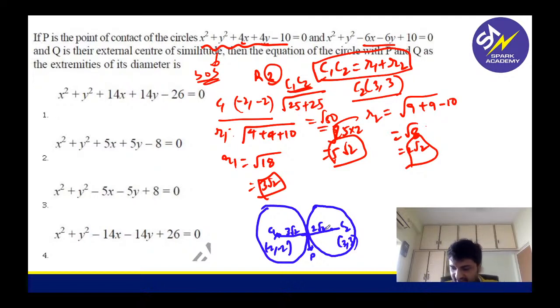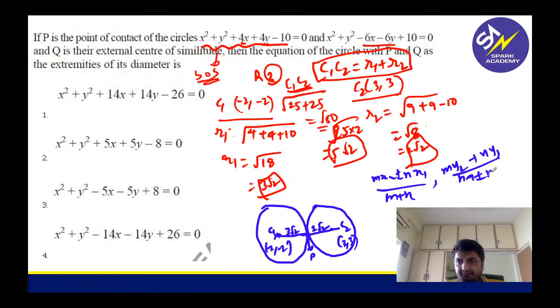So you know the internal center of similitude, external center of similitude formula, right? (mx2 plus nx1) by (m plus n), (my2 plus ny1) by (m plus n), with plus or minus n. These two you can use. What is your m and n? m is 3 root 2, n is 2 root 2. This is your x1, y1, x2, y2.